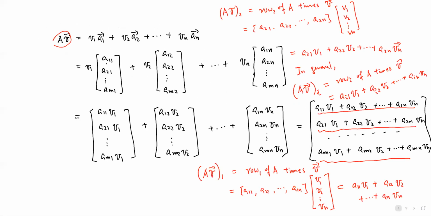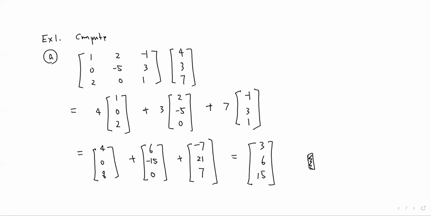Example 2. Let me use the matrix and the vector from Example 1. Here, let me use this matrix and this vector. Now I compute this matrix times this vector by the new formula.